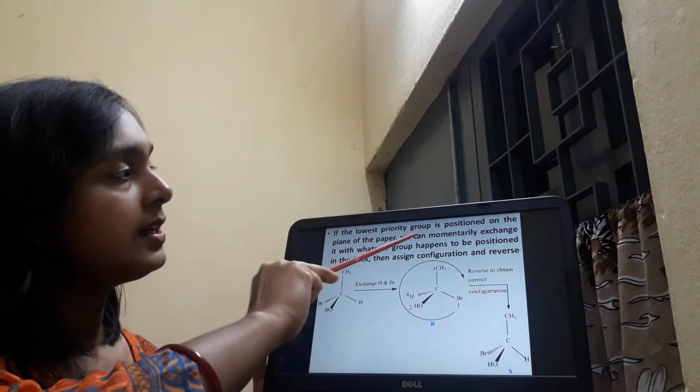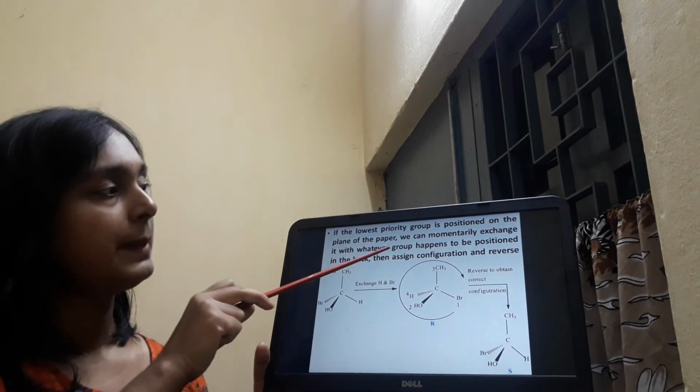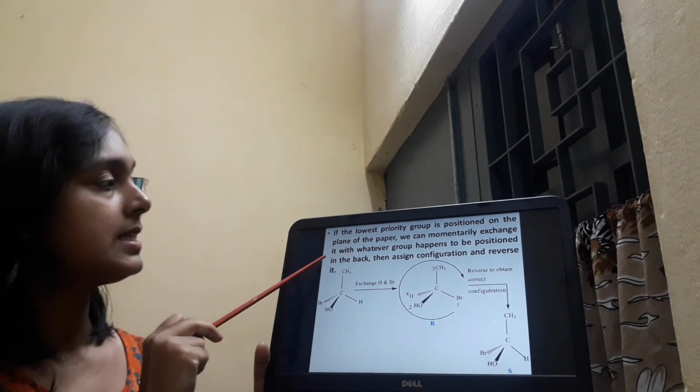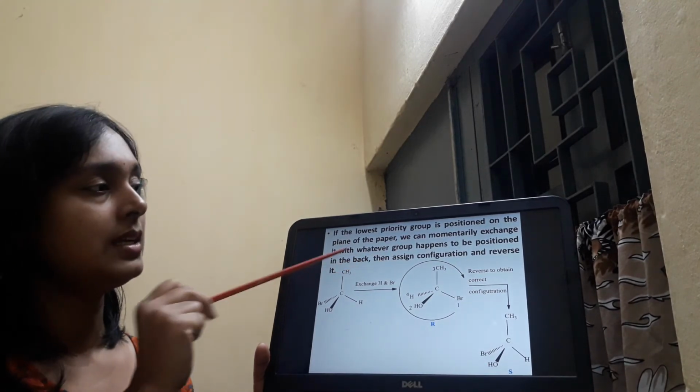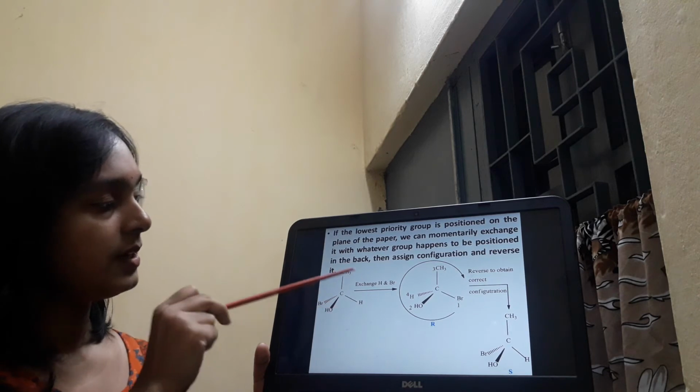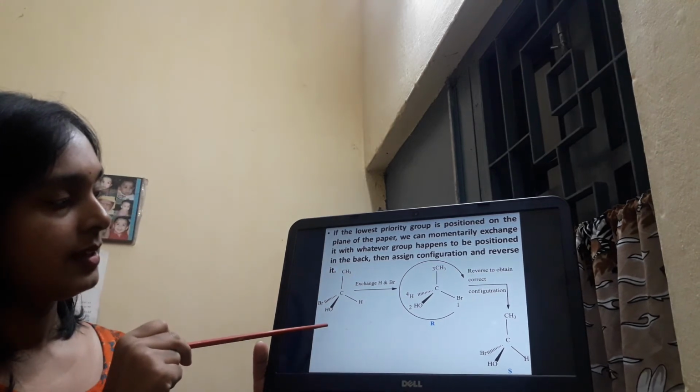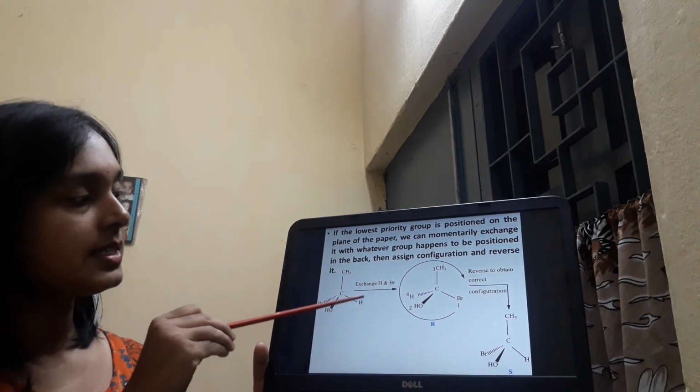So if the lowest priority group is positioned on the plane of the paper, we can momentarily exchange it with whatever group happens to be positioned in the back, then assign the configuration and reverse it. So here in this example, we can see that hydrogen is the lowest priority group.